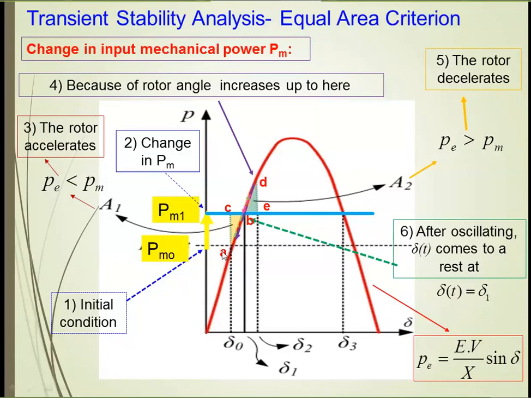So remember one thing, the change in generation that we apply in the power plant is based on the forecast of the load. If we know that the electrical load is going to change at this instant of time, then accordingly we change the generation. Otherwise, we do not change the generation in most cases.